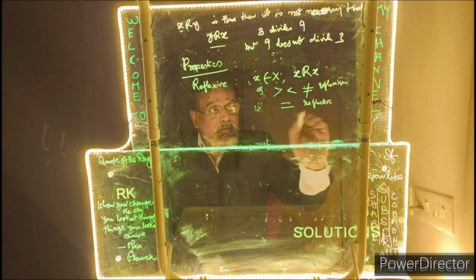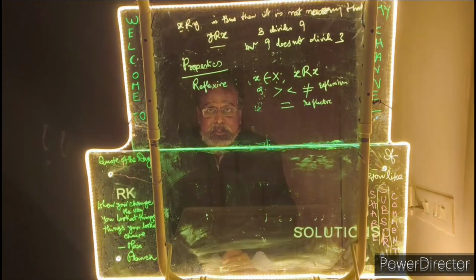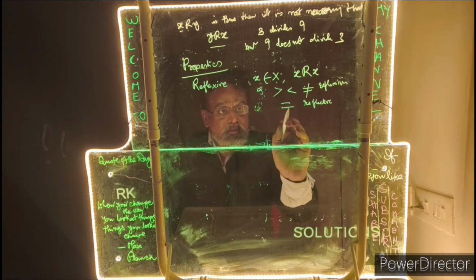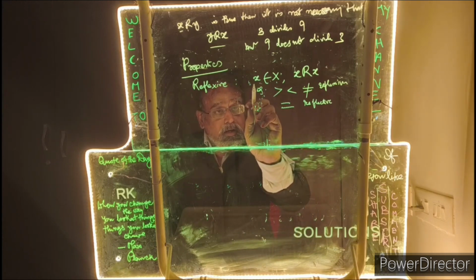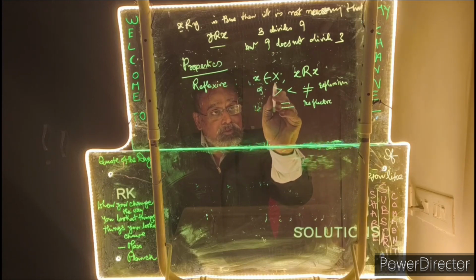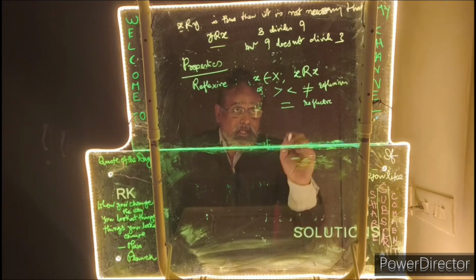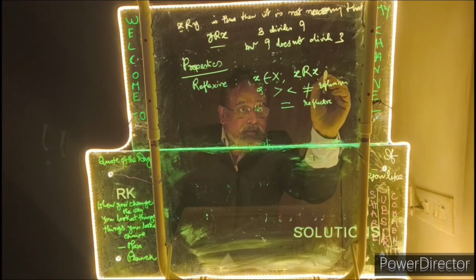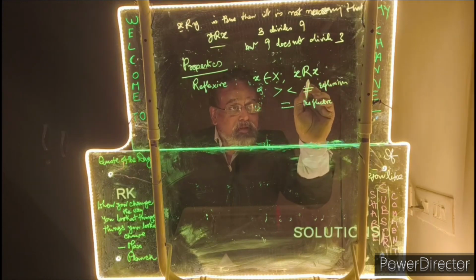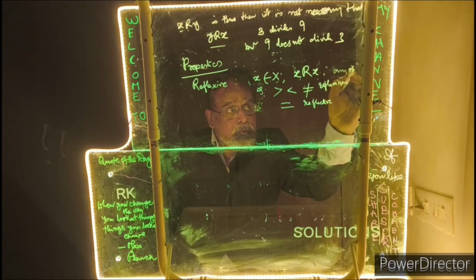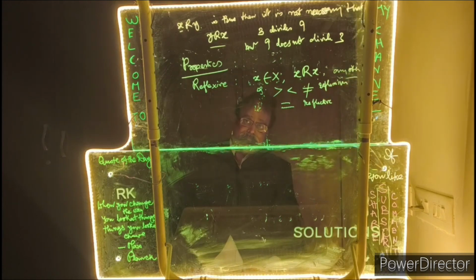And so that is the first property, reflexive property, wherein the element should be equal to itself, x is equal to x itself, then that is reflexive. Any other condition is not reflexive.